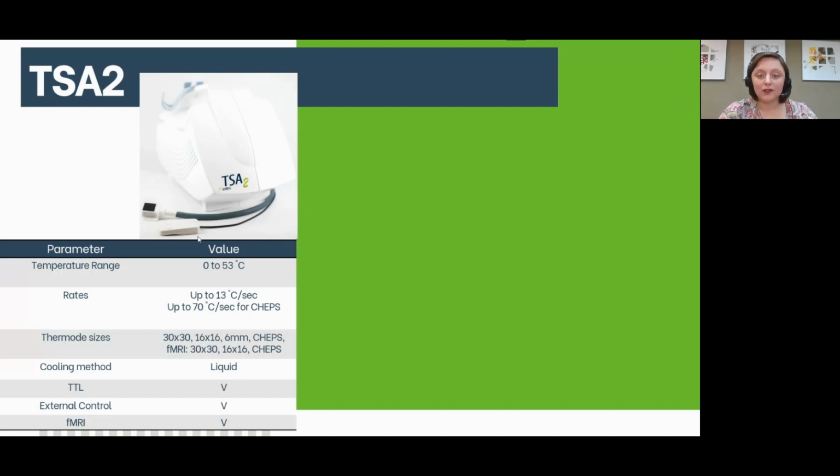I have to mention that the filling process is very simple in TSA. You have very nice LEDs that show you how much liquid you have left, and the filling process takes really a couple of minutes. And of course, it has all the options of synchronization, the TTL, and the external control we discussed earlier, and the option to work inside the MRI scanner.